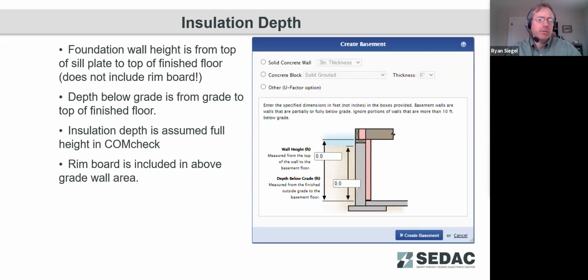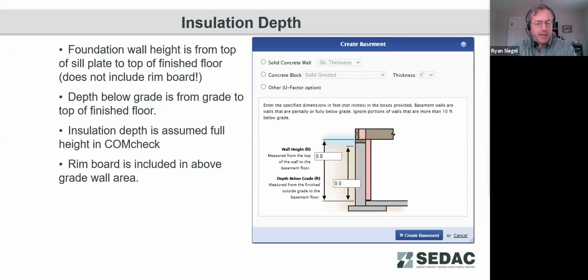And here, noting that ComCheck, as you're going through, frequently does make several assumptions. And so being aware of what these are and correcting these assumptions to apply best for your actual design.